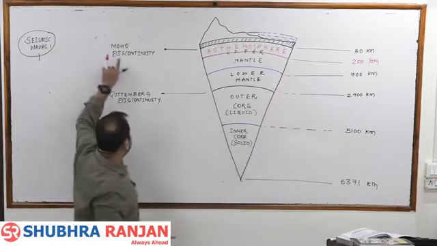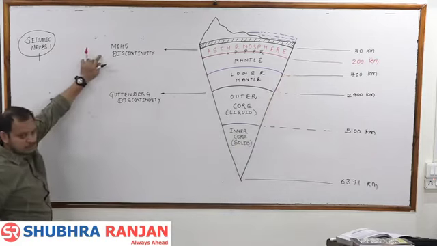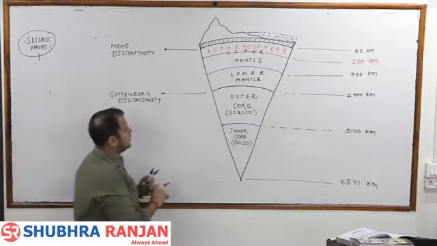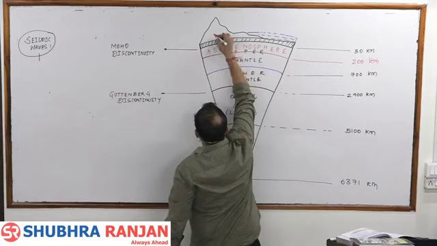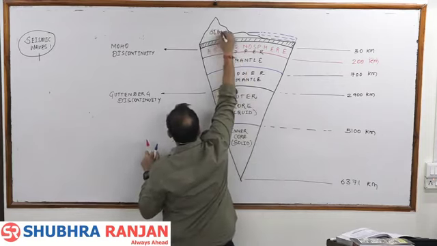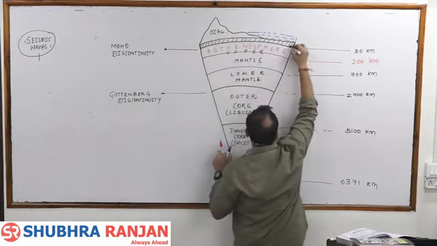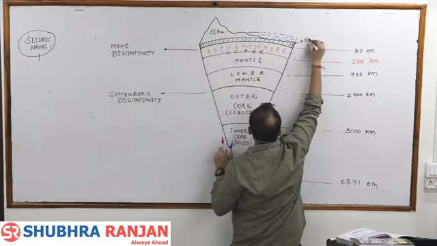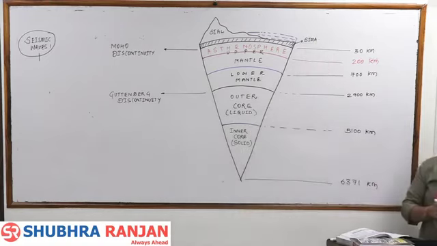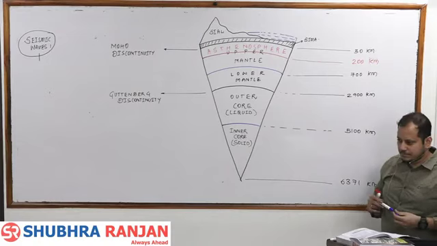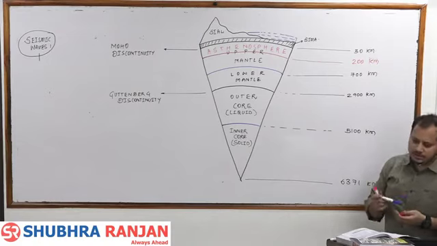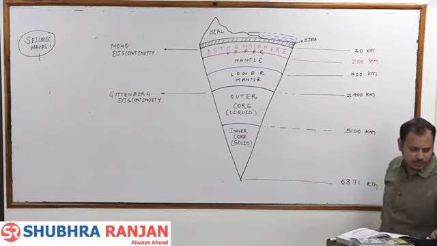So if this is Moho discontinuity, crust mantle boundary, then what is the mantle core boundary? Gutenberg discontinuity. That is continental crust and oceanic crust.